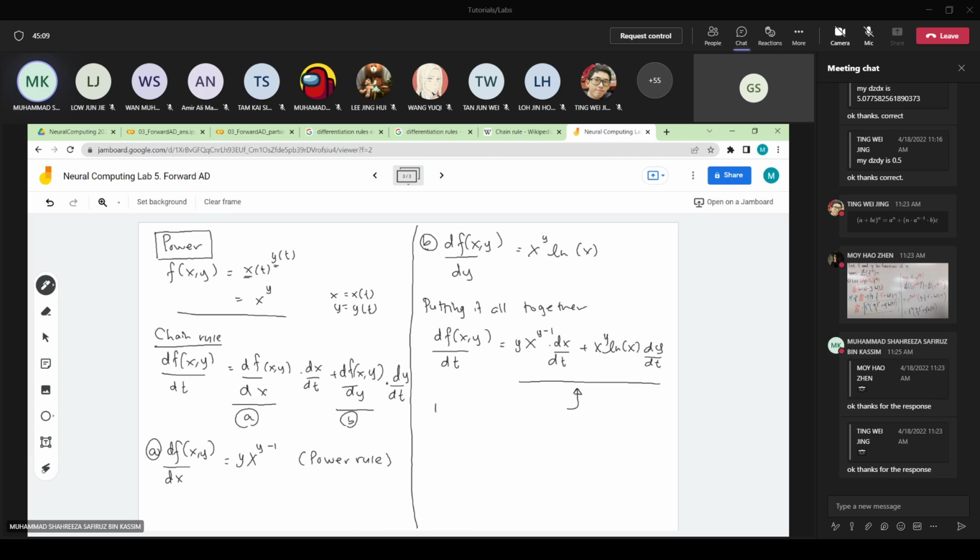You have to implement this in the dual number class. When you put it all together, you get this term, right? Now, if you look back at the Wikipedia page, this one here.